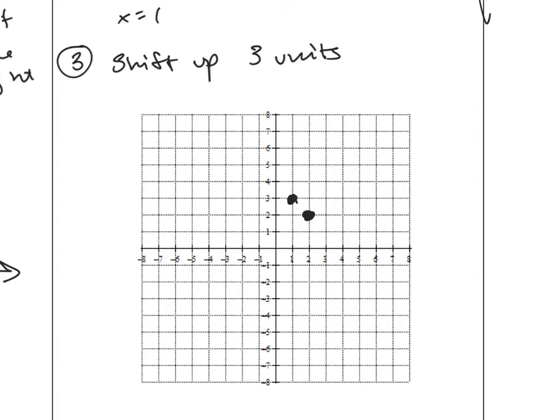So I'm going to pick when x is equal to 5, because I know 5 minus 1 is 4, square root of 4 is 2, negative 2 plus 3 is 1. So when x is 5, y is 1 right here. So our graph now looks like this.